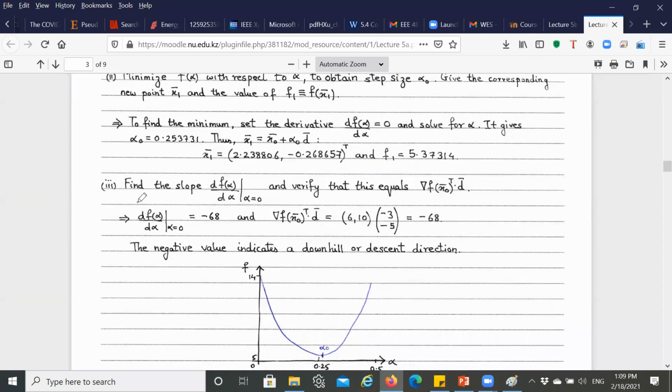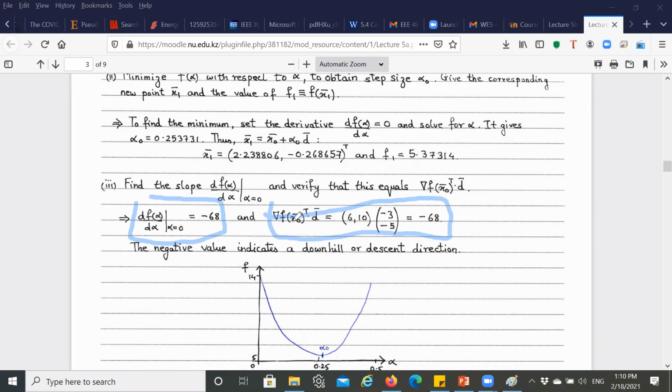While substituting the alpha 0 into the derivative of the f function, we get -68, and this gives the multiplication of the gradient of f at x naught with the direction.